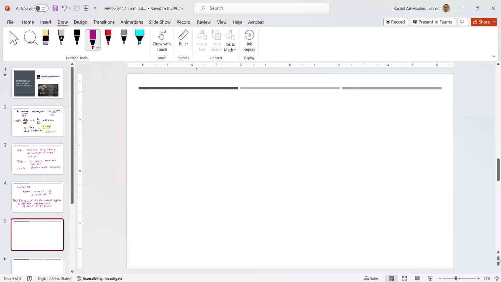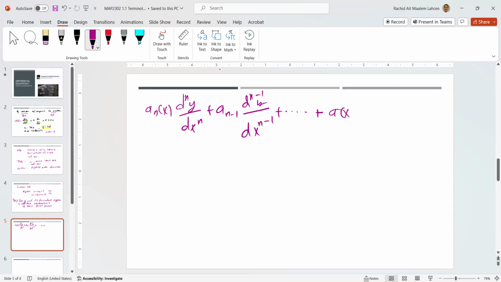So what does that mean? Something like this: a_n(x) times the nth derivative, plus a_(n-1)(x) times the (n-1)th derivative, all the way to a_1(x) dy/dx, the first derivative, and some last term where y shows up, equals f of x.